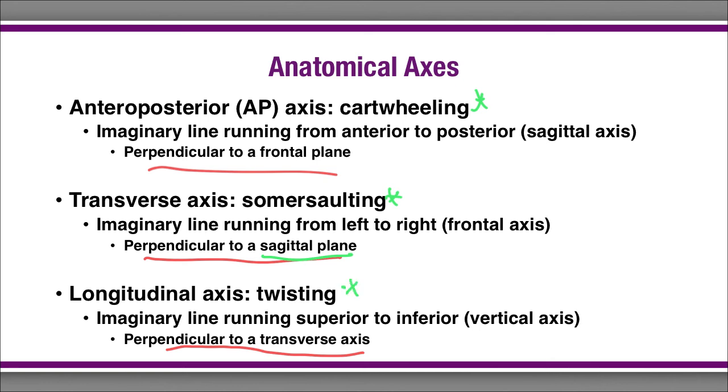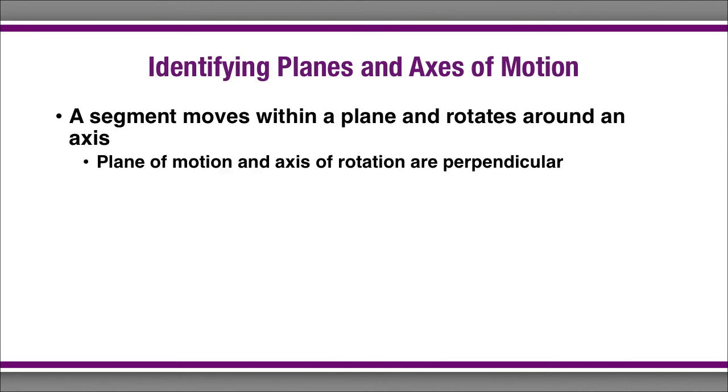And twisting, as if you were twisting your torso or your spine, is about the longitudinal axis and occurs within the transverse plane. So again, a segment moves within a plane and rotates about an axis, and the plane of motion and axis of rotation are always perpendicular.